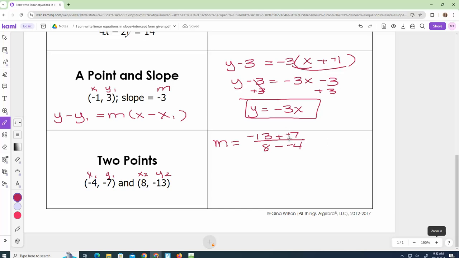Minus and negative becomes positive. Negative 13 plus 7 is negative 6. 8 plus 4 is 12. We need this to be in lowest terms. Negative 6 over 12 would reduce to what? Negative 1/2.